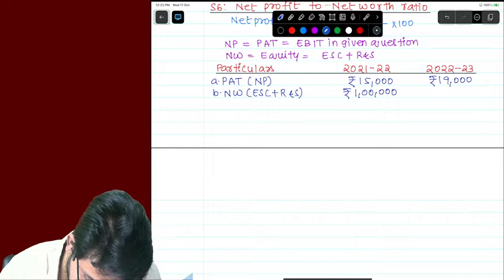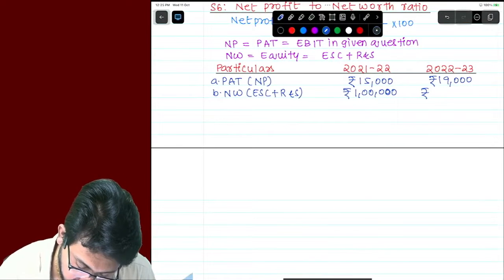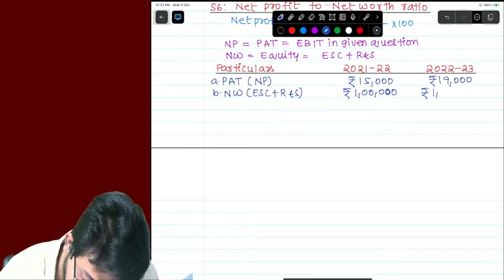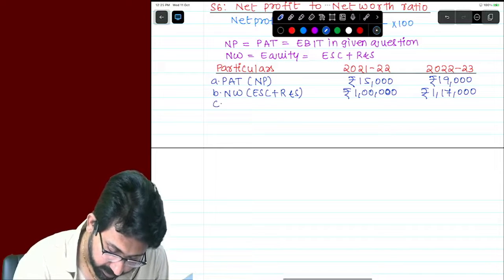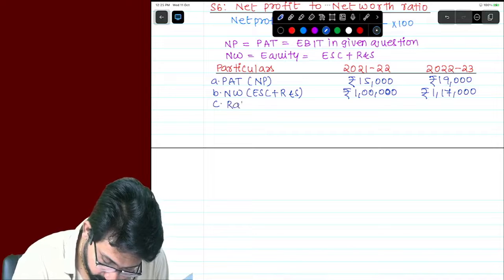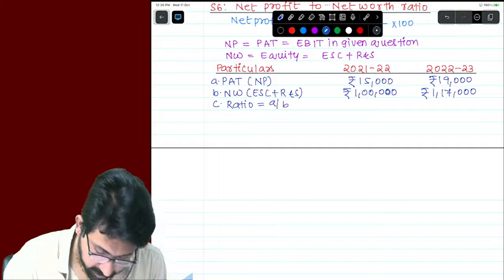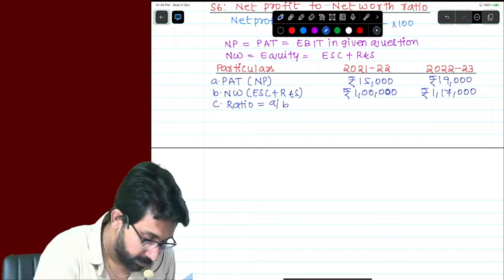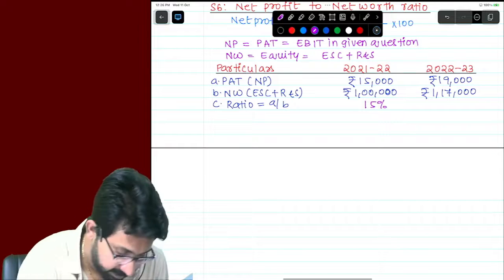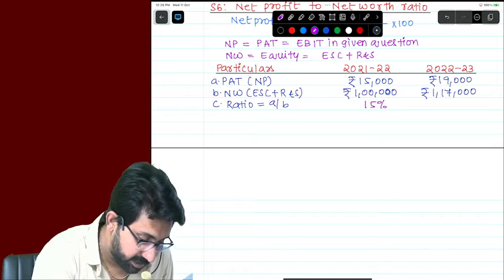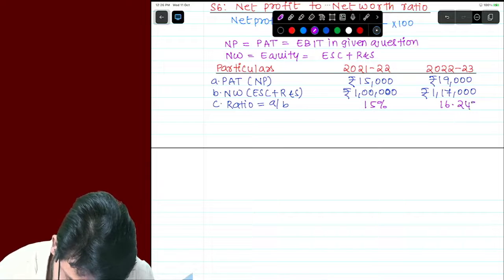Next, rupees 75,000 plus 42,000, how much? 1,17,000. Ratio equals A by B. So what is the percentage in the first case? 15%. 19,000 divided by 1,17,000, how much? 16.24%.